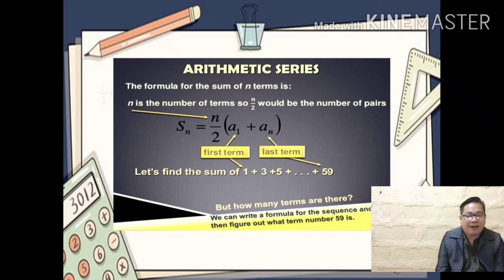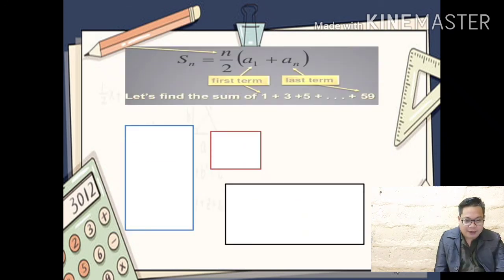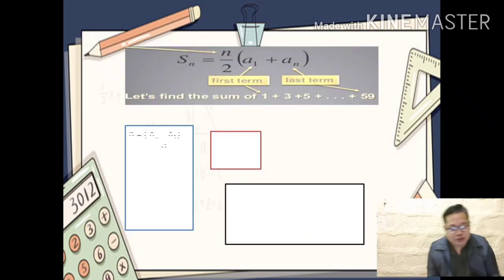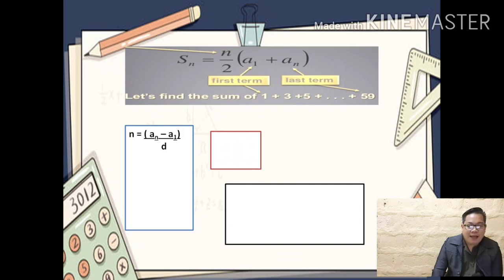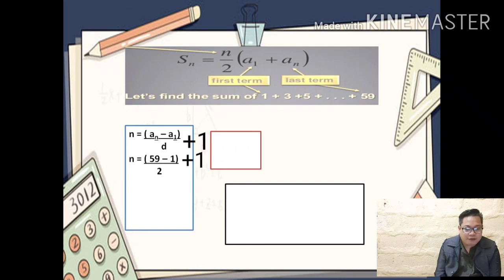Pero, merong paraan ulit para makuha natin yung number of terms pag ganito ang sequence. Eto, may formula tayo. Ang formula natin dito ay n equals a sub n minus a sub 1 over d, then plus 1. So we have n equals 59, which is the last term, minus 1, which is the first term, divided by 2, kasi ang common difference daw natin ay 2.